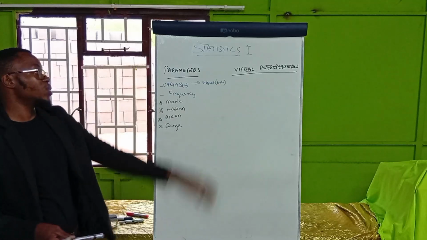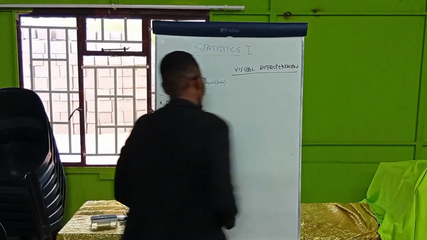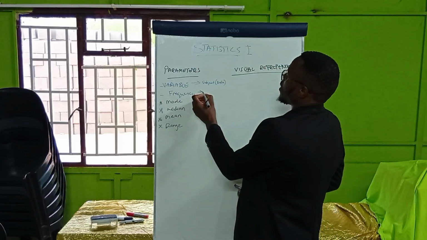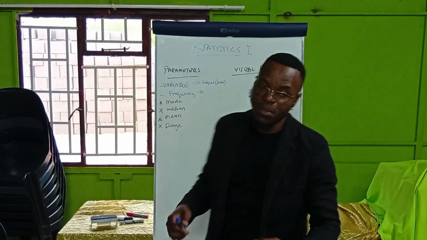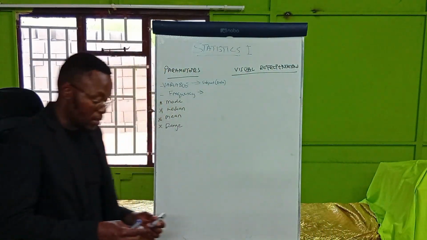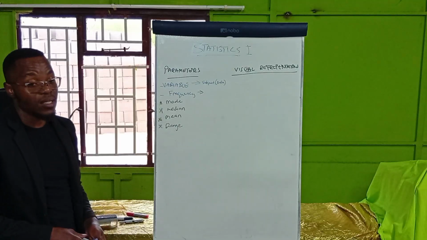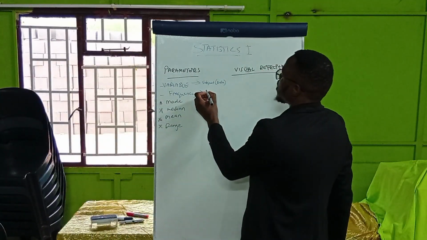That is where you will always have your variable. And then your frequency is the dependent variable. That has to do with the frequency. The word frequency simply means how many times a certain variable appears in that particular data that you are looking at. So frequency has to do with how many times.